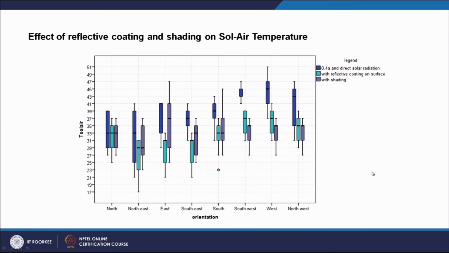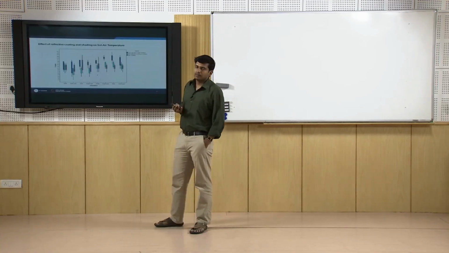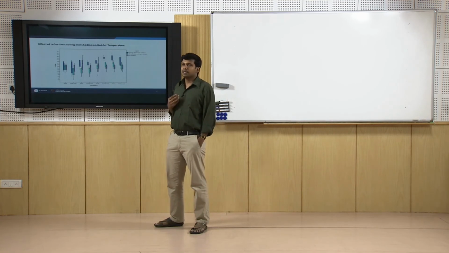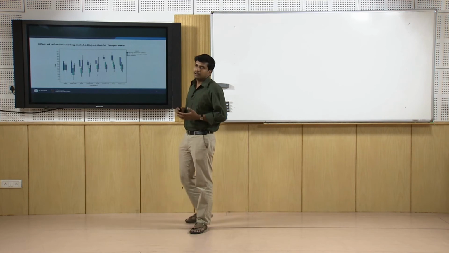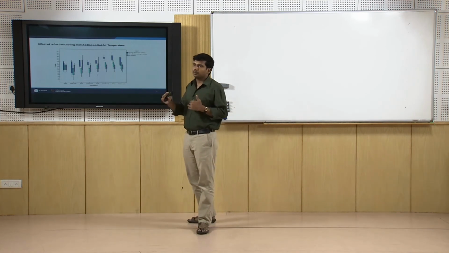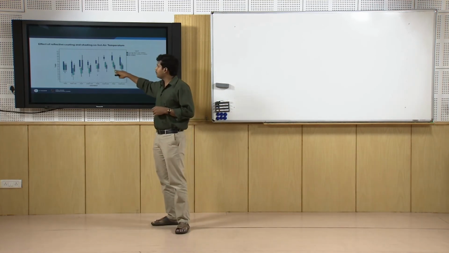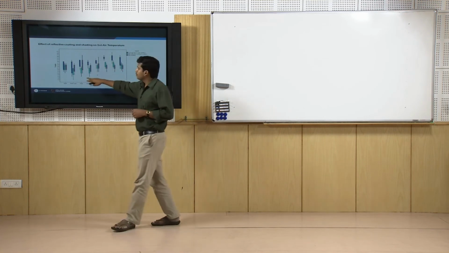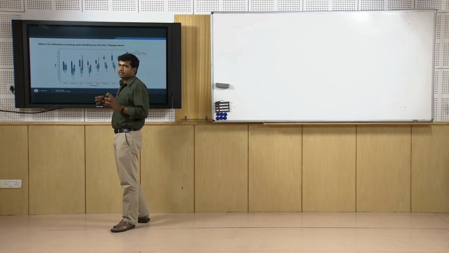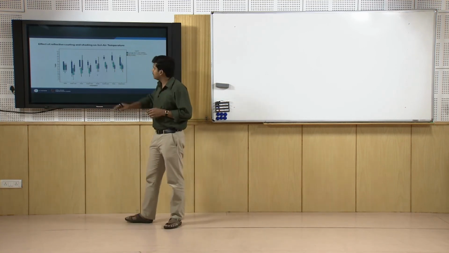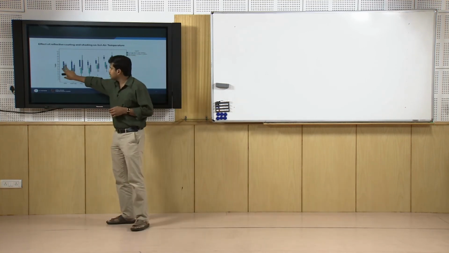Imagine you have a west facing wall, you cannot avoid it. The better solution in today's context, if you are in the design stage, would be to provide a balcony or a deep overhang so as to shade the complete wall. It becomes more or less equivalent to a north facing wall. Forgetting about the wind and other components which we are discussing, just with solar radiation this can be made equivalent to a north facing wall.